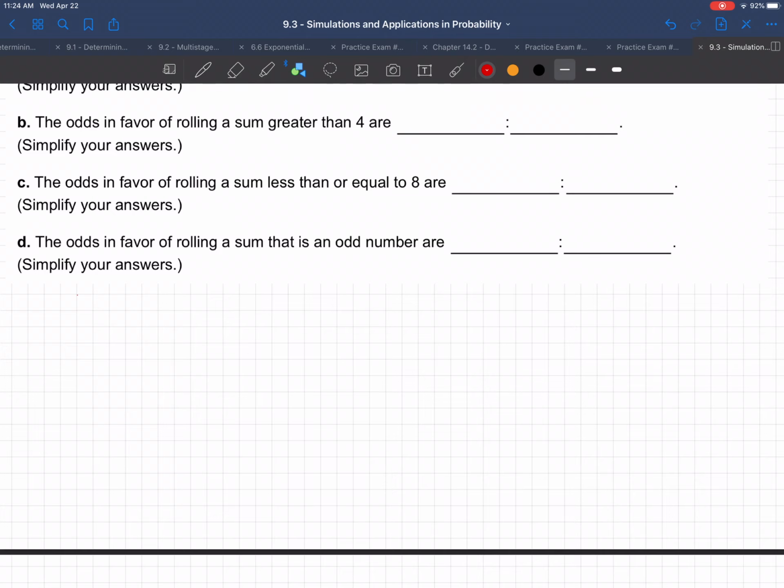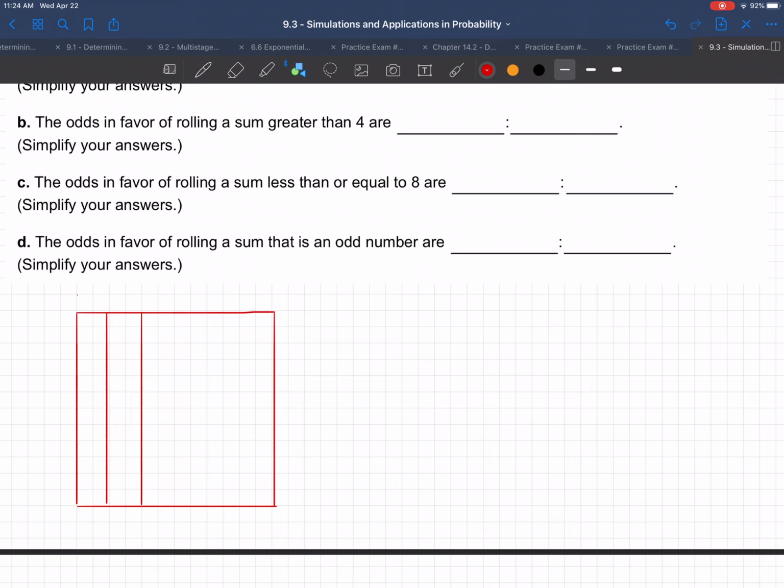So I'm going to go, let me see. Okay, I'm going to set up a 6 by 6 table.